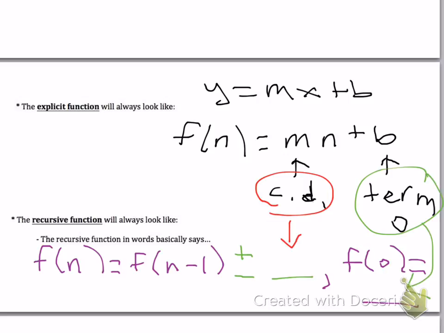So basically what this says in words, if I can fit it on the screen here, is the next term in the sequence is equal to the previous, and then we have the plus or minus something.